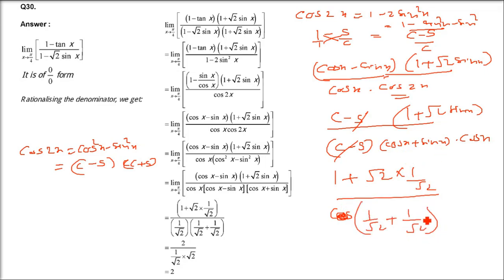So 1 by root 2 plus 1 by root 2, and cos x is cos pi by 4, 1 by root 2. So root 2 can cancel, 1 plus 1 is 2. Now 1 by root 2 plus 1 by root 2 is 2 by root 2, and 1 by root 2 is already there outside. So 2 by root 2, this gets cancelled, 2 only will come.